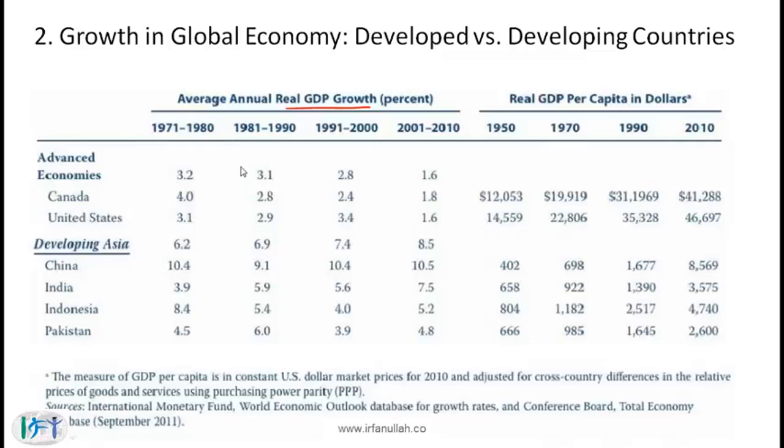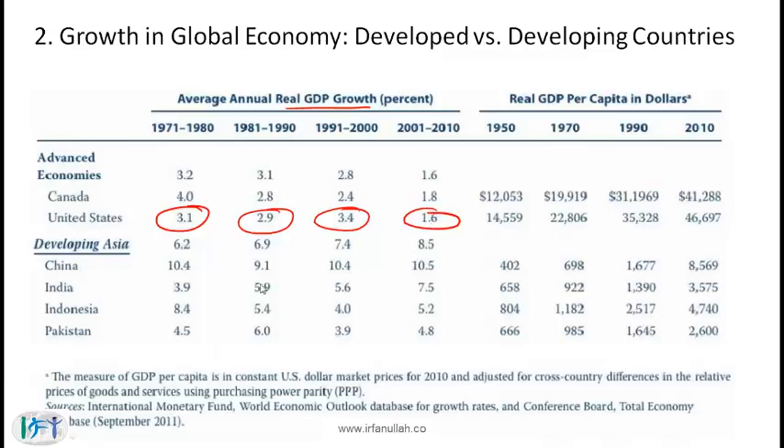Now notice that when we talk about real GDP growth rate in percentage terms, then in advanced economies, the growth rates are relatively small. So if you take the US example, the growth rate is between 2 and 3%. In the 2000s, the growth rate has slowed down quite substantially.